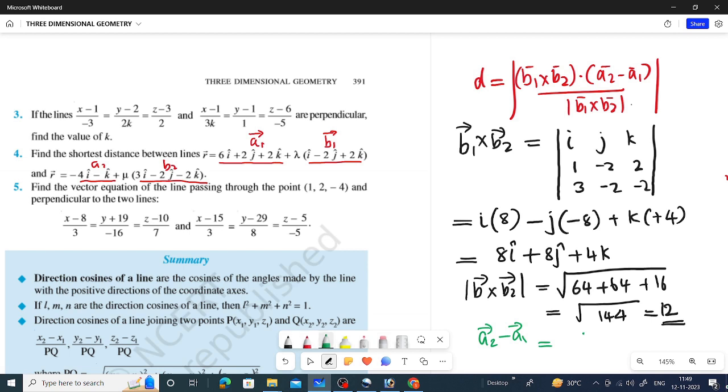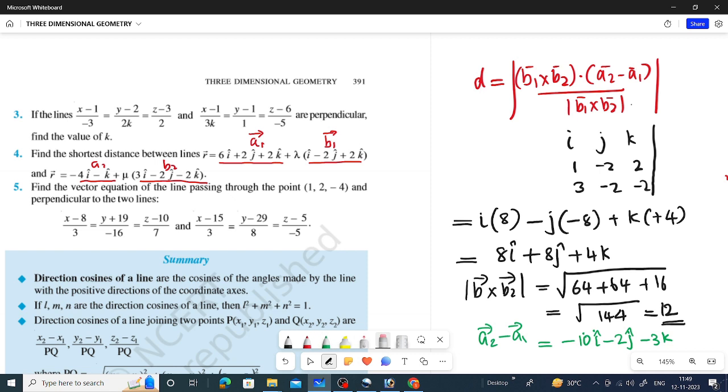Minus 0j minus 2j is minus 2j. Okay, the cap should be there, and minus k minus 2k, so that is minus 3k. So we got all the terms which we have to substitute in our formula.